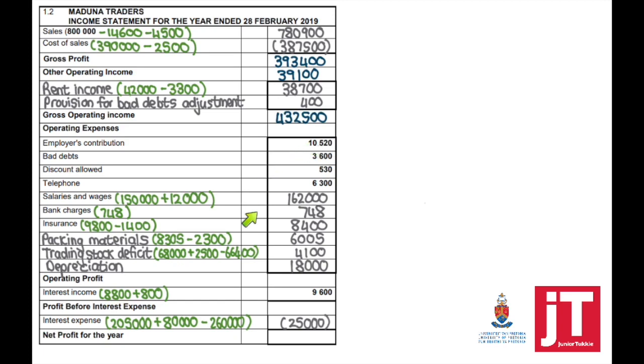Now, everything in that block must be added together and shown in brackets. Gross operating income minus operating expenses equals my operating profit, plus interest income equals profit before interest expense minus interest expense equals my net profit for the year.